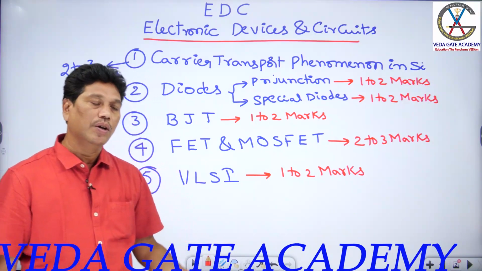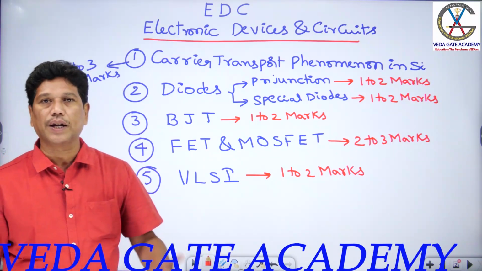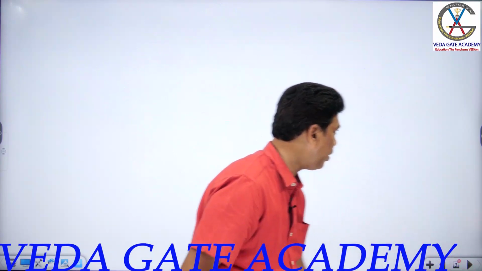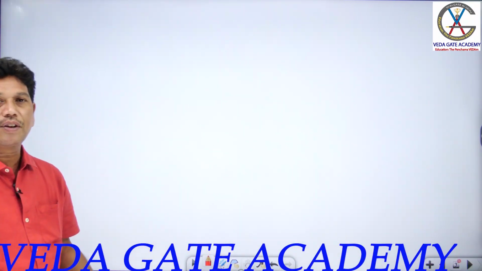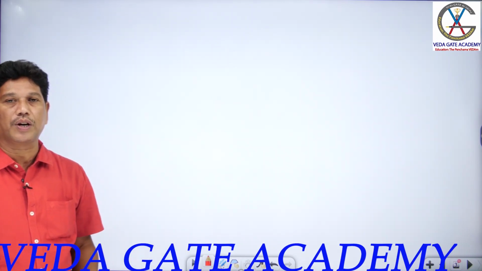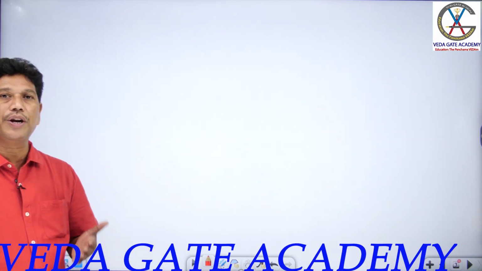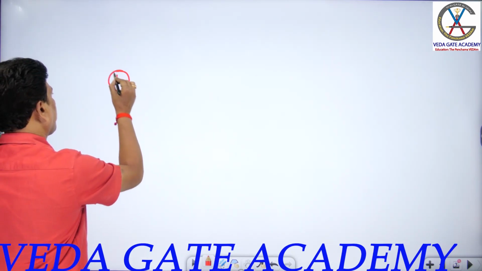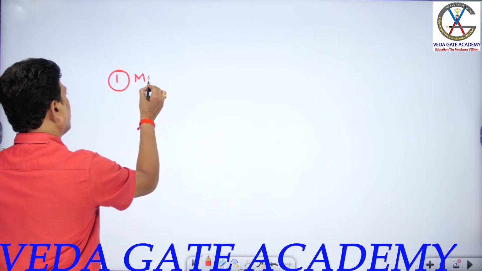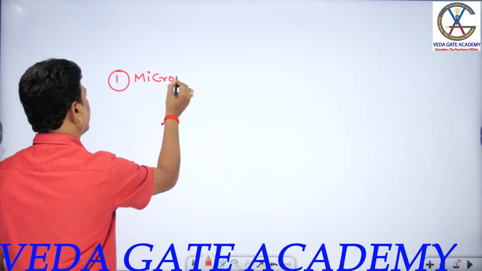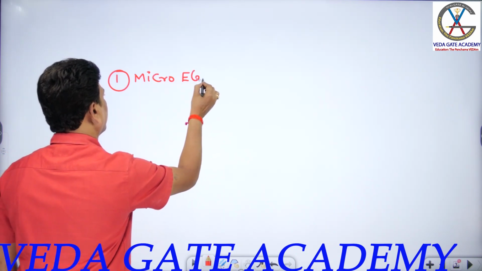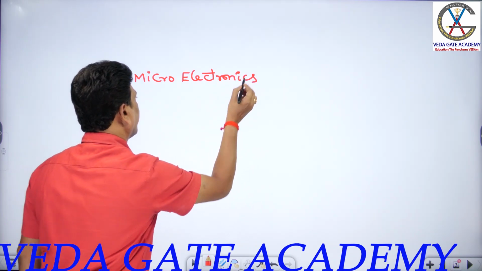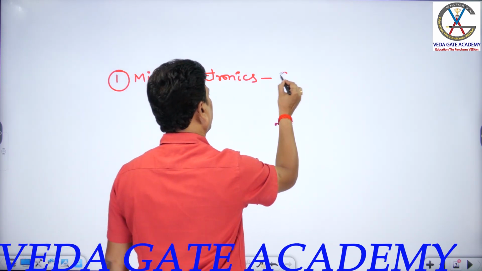Now you can check out the reference books that can be considered for this EDC part. These are the reference books commonly preferred, which are common for both EDC and analog circuits. One reference book is Microelectronics by Sedra and Smith.